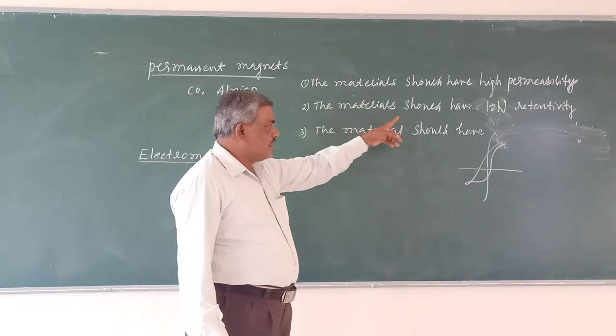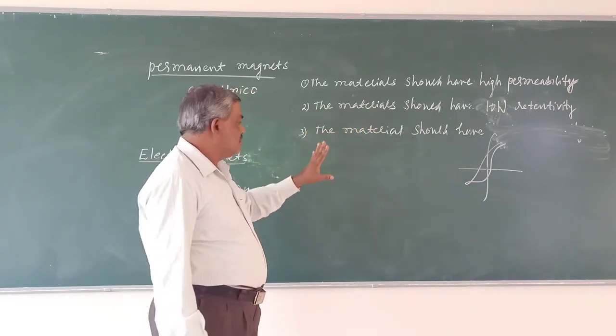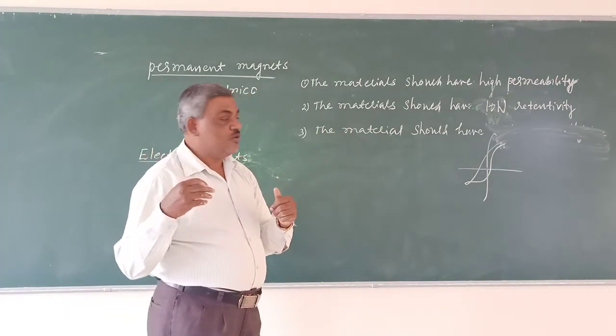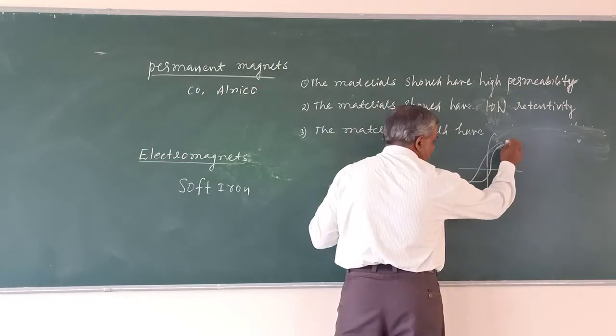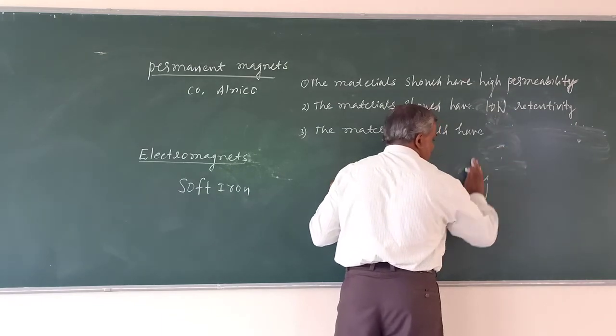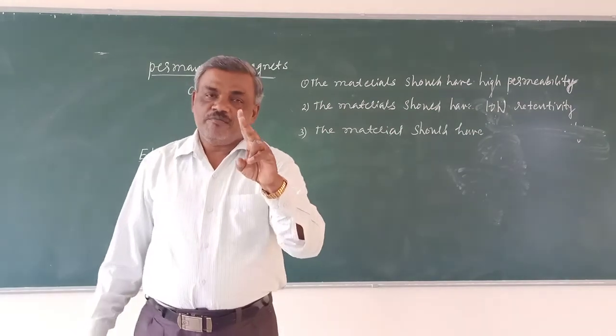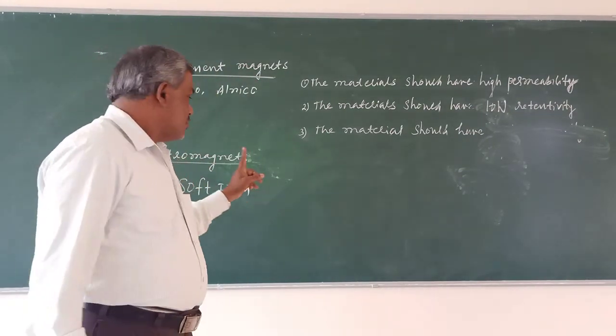The material should have low retentivity. The material should have a low hysteresis loop, so the area becomes small. These are the three important properties for electromagnets: high permeability, low retentivity, and a low hysteresis loop.